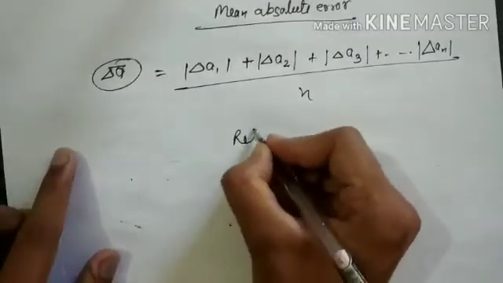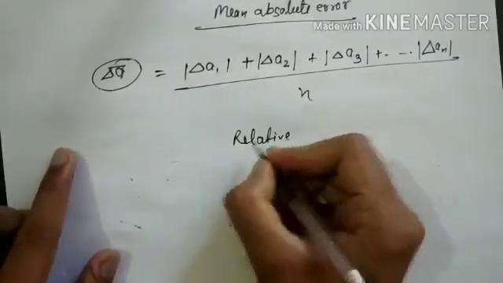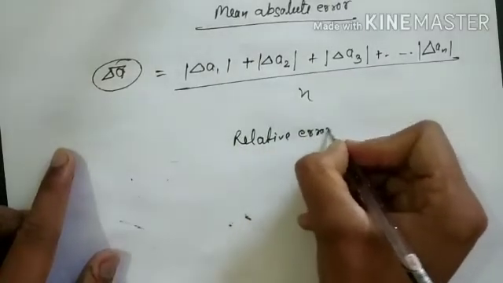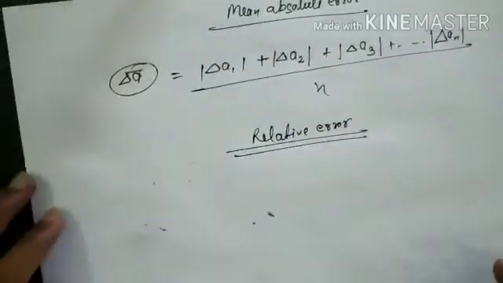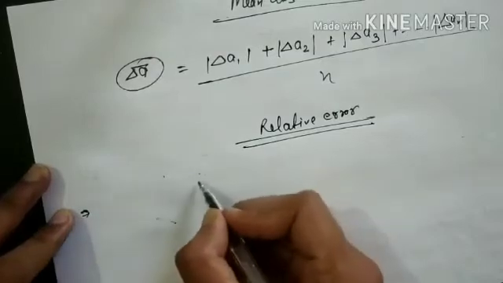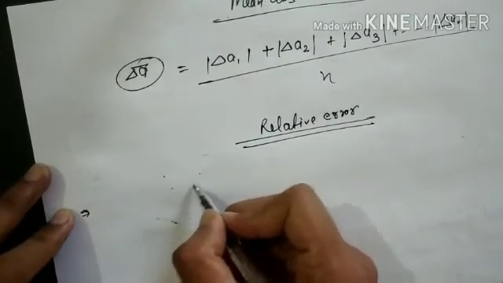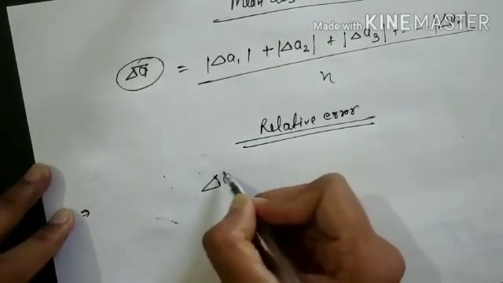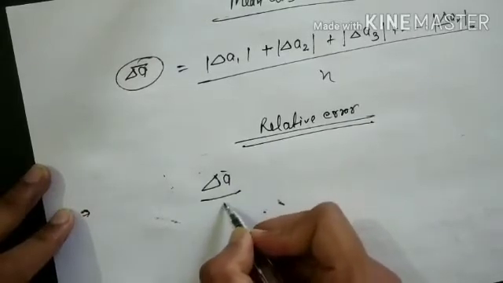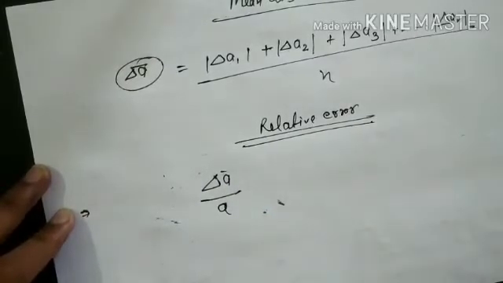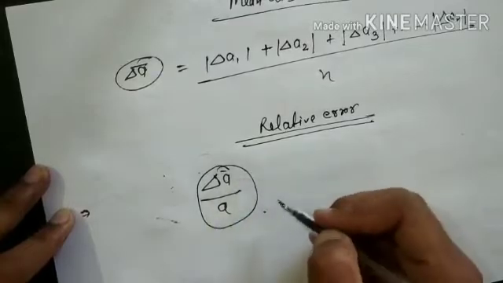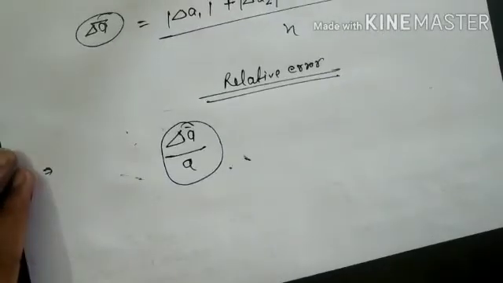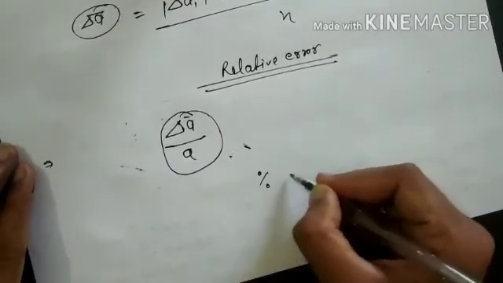Now what is relative error? The second term is relative error. It is the ratio of mean absolute error to the true value of the measurement. This is called relative error. And what is percentage error?